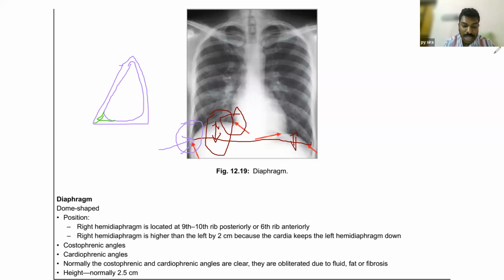Next, sometimes there can be flattening of the diaphragm. Flattening of the diaphragm means both diaphragms will be at the same level. When both diaphragms are at the same level, it is seen in conditions like emphysema.